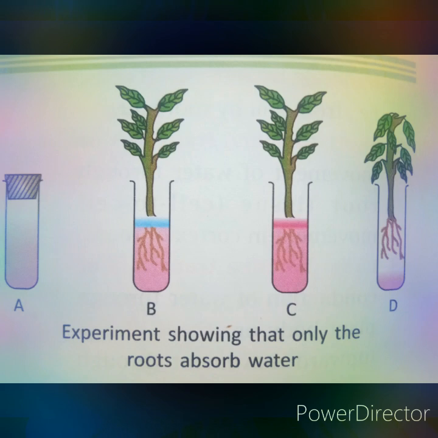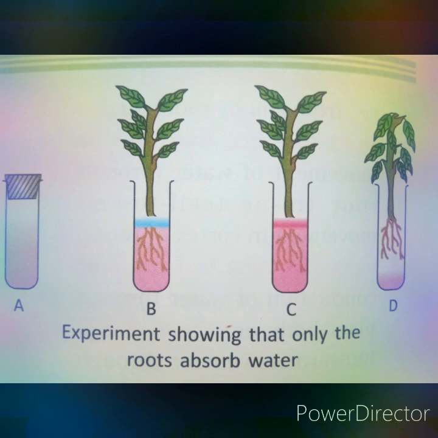In test tube C, we have to take the water as well as insert the plant along with the roots. Then in test tube D, we take very little water so that the roots will not be dipped inside.